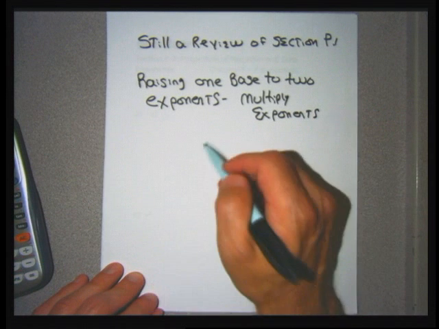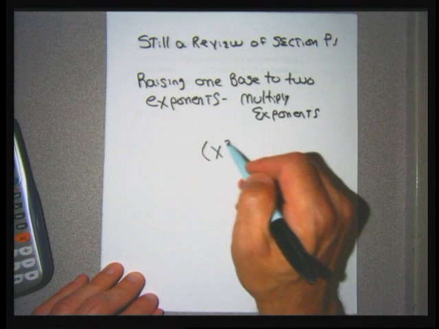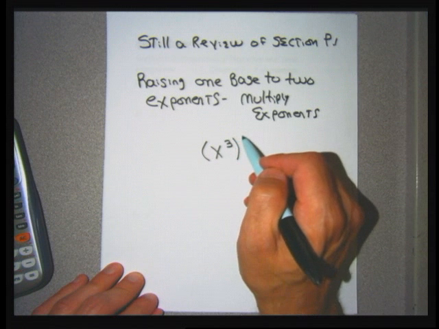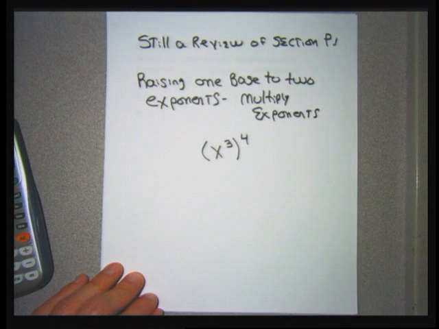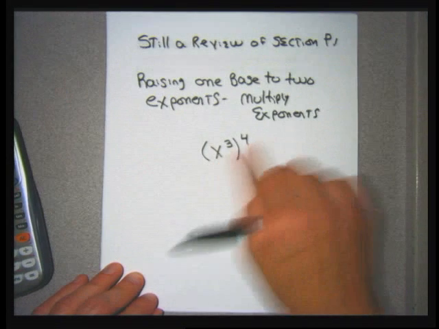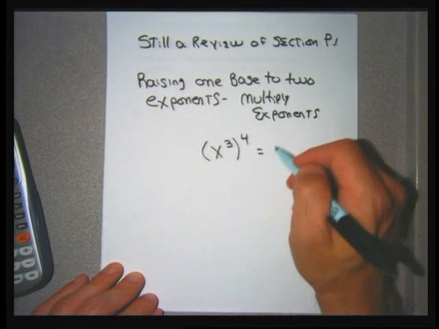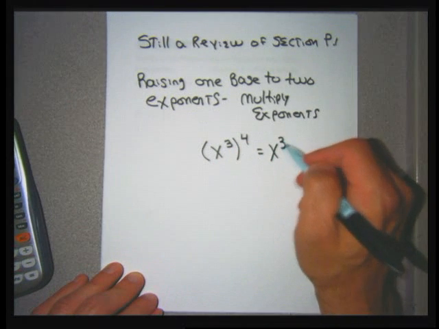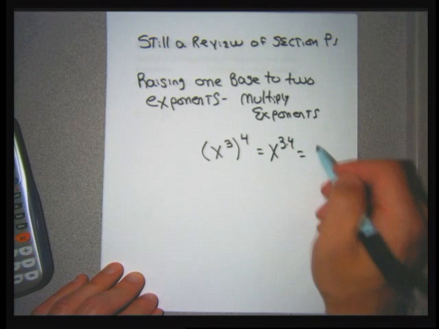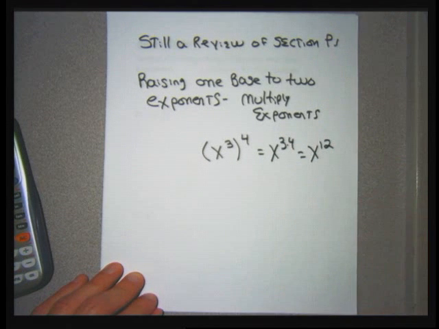In a simple version of this, usually these problems all have parentheses. Something like x cubed to the fourth power, there's one base x, there's two exponents that apply to it. The rule that would allow me to simplify that would say this is x to the 3 times 4, which is x to the 12th power.